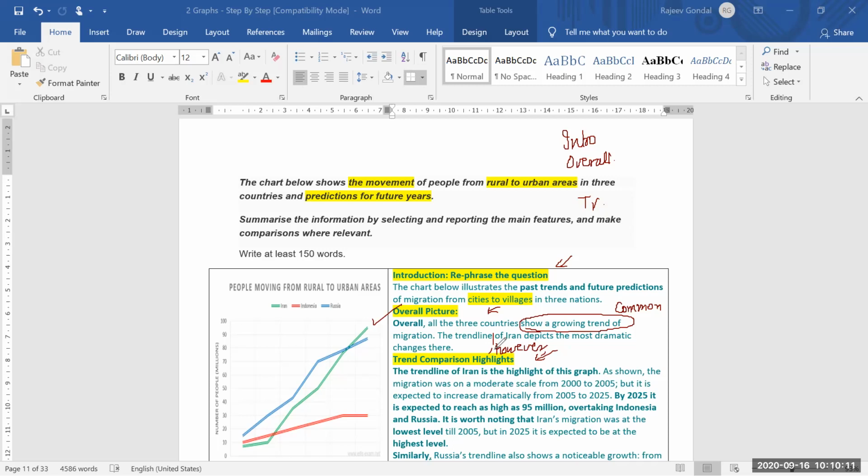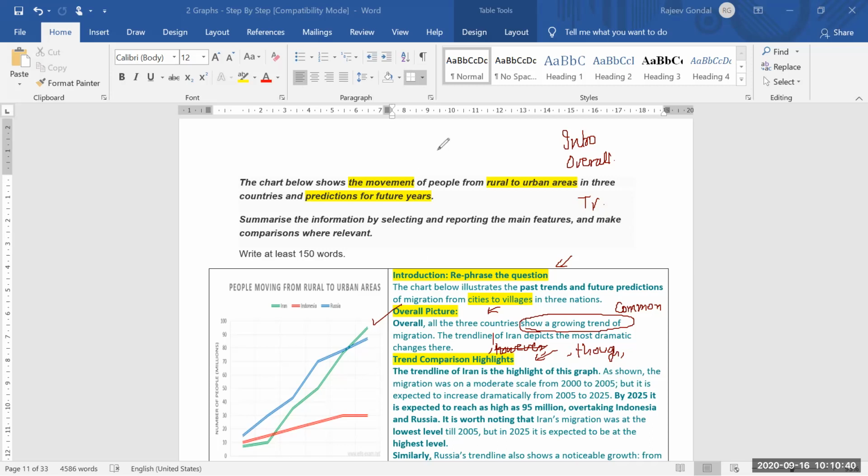Or instead of however, you can say though. Though is a little deviation from the trend, right? We make use of though there. The trend line of Iran, though, depicts the most dramatic changes there. Since this is the most dramatic one, we are calling it like that.